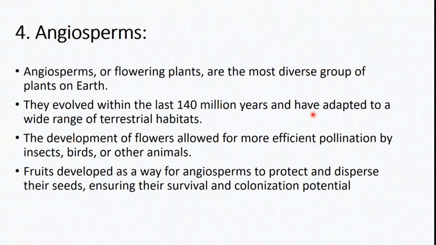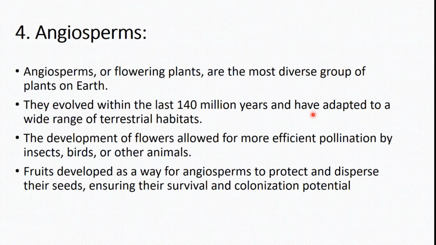So please watch out for the description, because it can help you understand other questions that may appear. The angiosperms evolved within the last 140 million years and have adapted to a wide range of terrestrial habitats, and the development of flowers allows for more efficient pollination by insects, birds, and other animals.